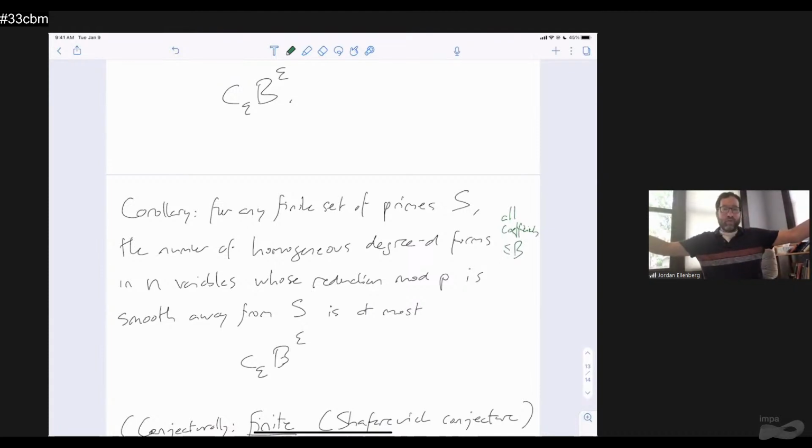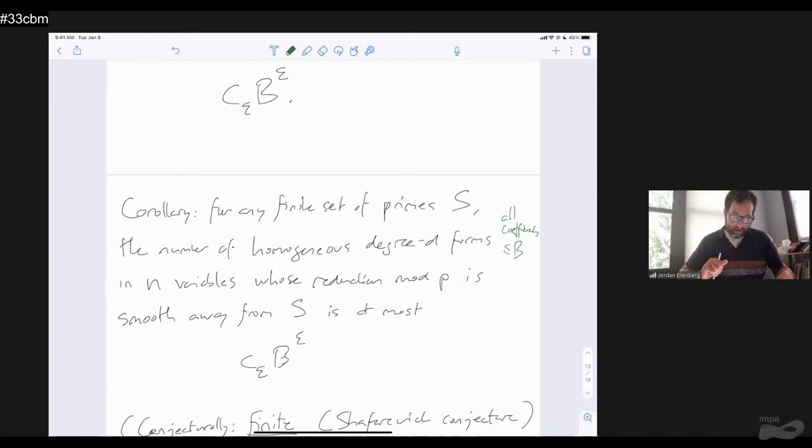I'm looking at all these forms, but then I'm going to put a strong requirement. I'm going to say, maybe apart from some set of primes that I've excluded, if I reduce it mod p, it's smooth. In other words, the discriminant is non-zero. So another way to say it is that if I look at this discriminant, not only is it not zero, but the primes that can divide it are restricted to this finite set S.